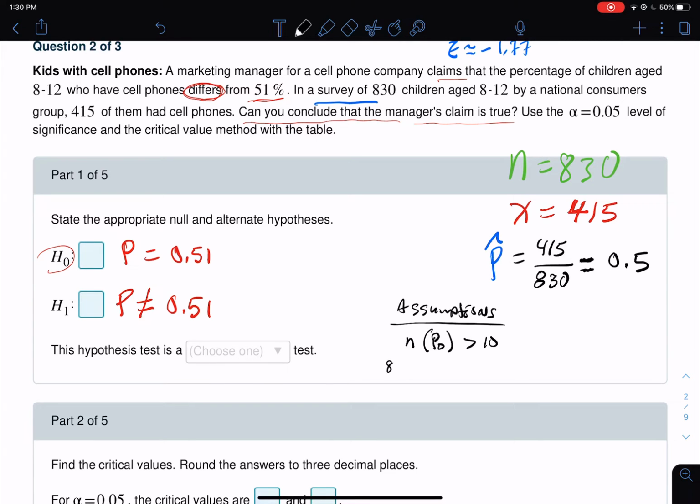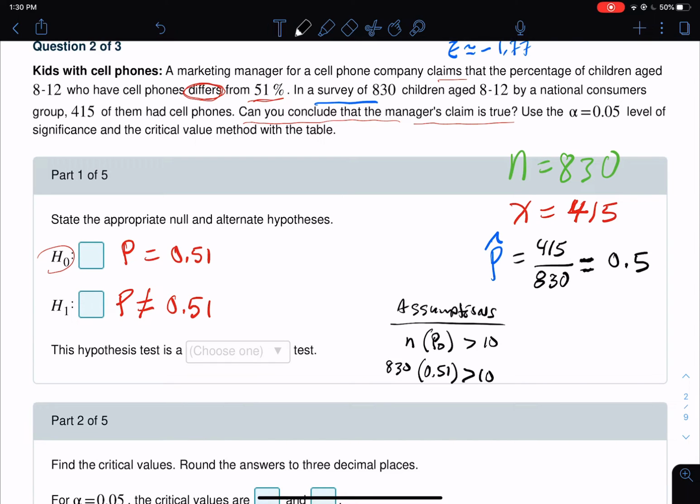Sample size was 830. Our population proportion from the null was 0.51. And when I multiply that, that's over half, so it's definitely going to be bigger than 10.